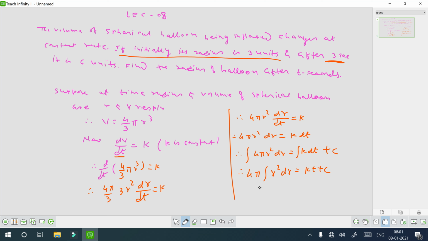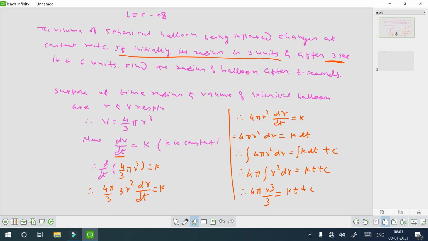So what we get here? 4 pi r cube by 3 is equal to kt plus c. Now let us see the next page. I am writing that step once again: 4 pi r cube by 3 is equal to kt plus c.